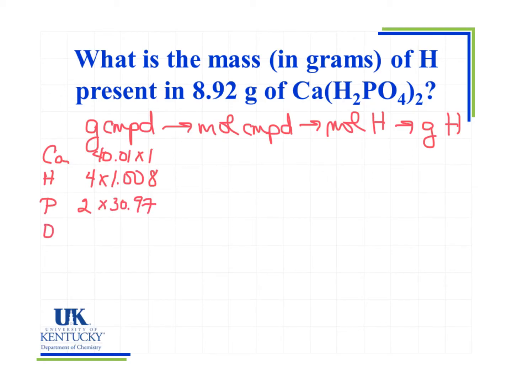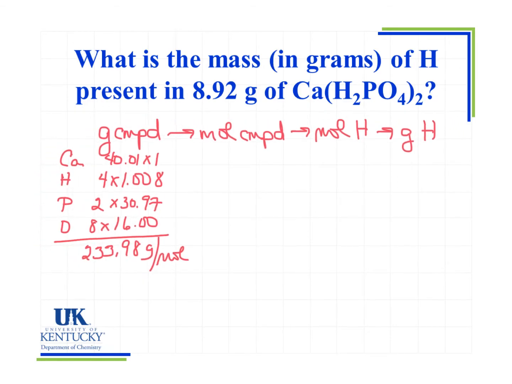And oxygen, there are 8 of those, times 16. We add all those up, and we get a molar mass of 233.98 grams per mole. So now we know the relationship between grams and moles for this compound, and we're able to get from grams of the compound to moles of the compound.